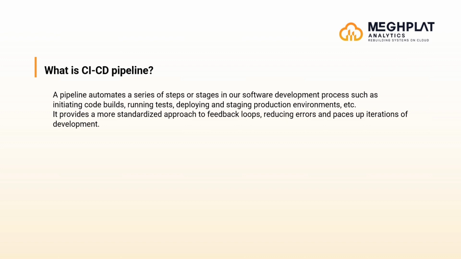So here is the CI/CD pipeline. Pipelines are basically the fundamental building blocks of CI/CD, hence the backbone of a modern DevOps environment. A CI/CD pipeline bridges the gap between development and operations teams by automating the building, testing, and deployment of applications.